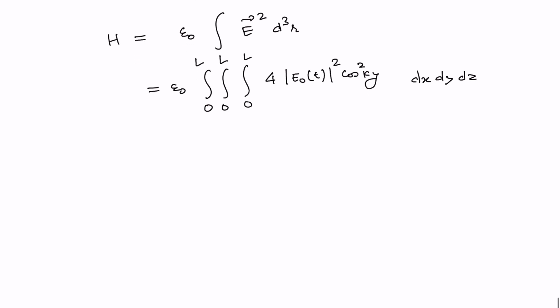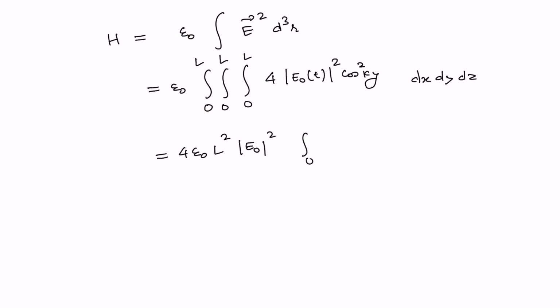You know that the integration is going to be along the y direction. The dx and dz integrals simply give L square, so let me take out everything not involved in the integral.